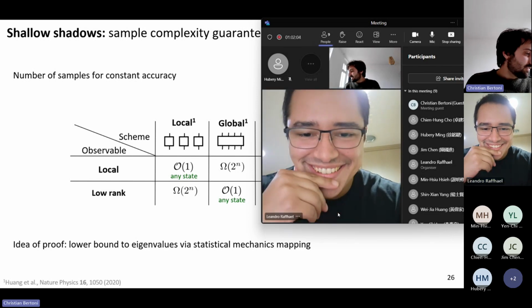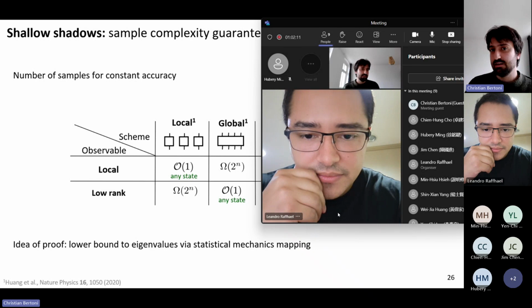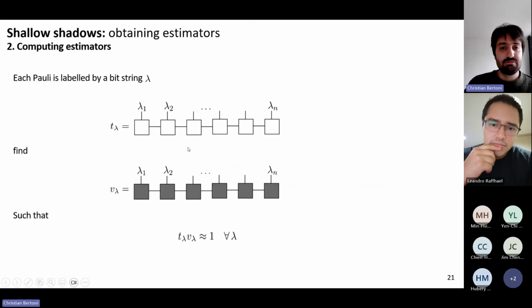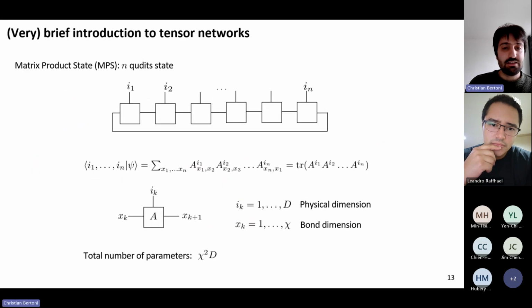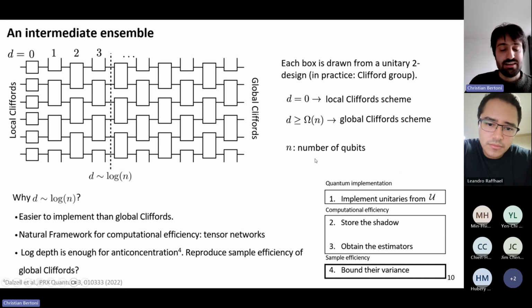There is a lot of literature on computing these kinds of things, and computing moments of random unitaries is a relatively solved problem, but the problem is the geometry here. The reason why you have all of these nice closed forms in the global Clifford case is that you just have one big unitary, and computing these moments for this case is doable.